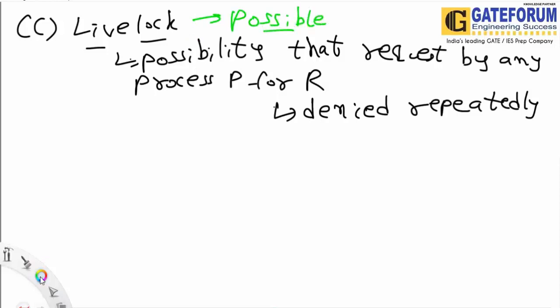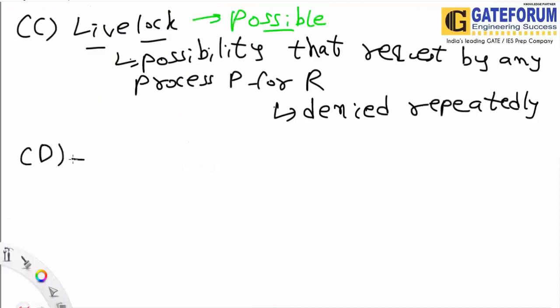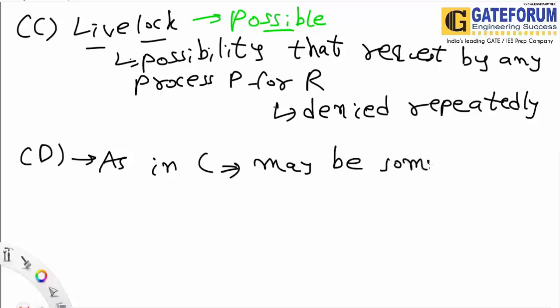Coming to option D, which says that the scheme may lead to starvation. Starvation is also possible, as I explained for C, where some process is denied repeatedly. Maybe some processes are restarted continuously.